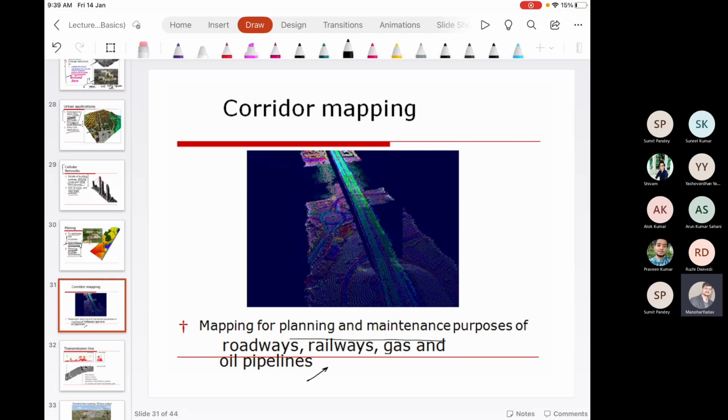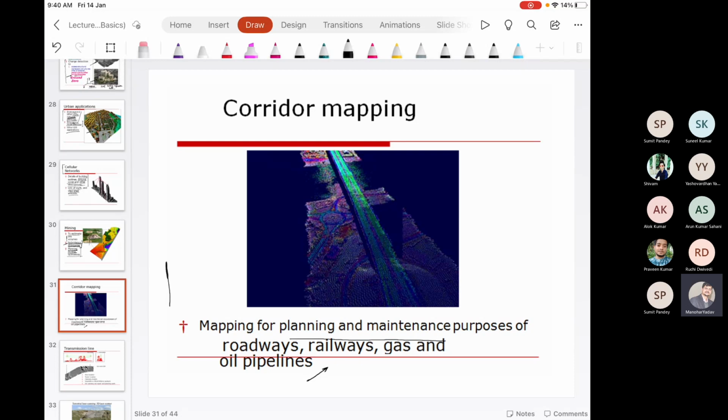As I discussed before, for the power line corridor, we can identify the encroachment of trees on the power lines, and the catenary which passes between two poles. The wires going from one pole to the next pole, the point cloud from those wires is collected.